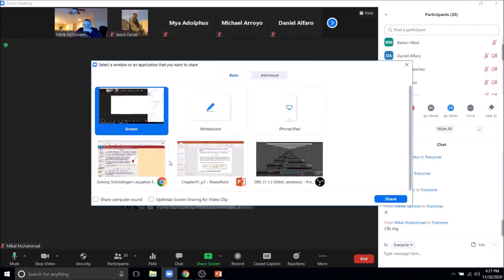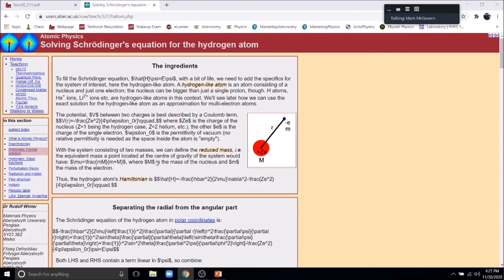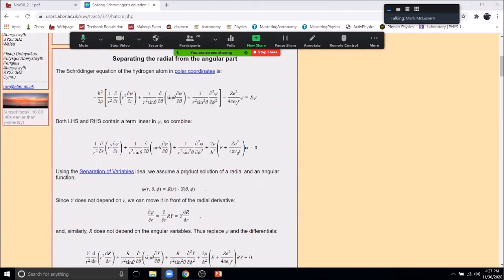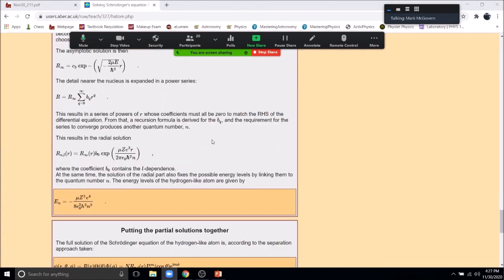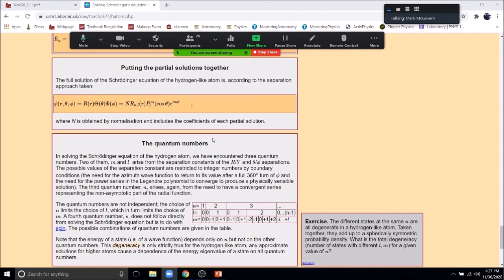So, if you take those three equations and attempt to solve them for their respective terms, here's what the Schrödinger equation is when you separate the radial part from the angular part. Let's scroll down a bit. When you solve the individual pieces, you get this down here.